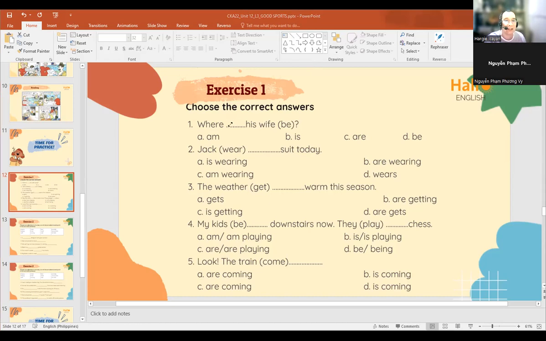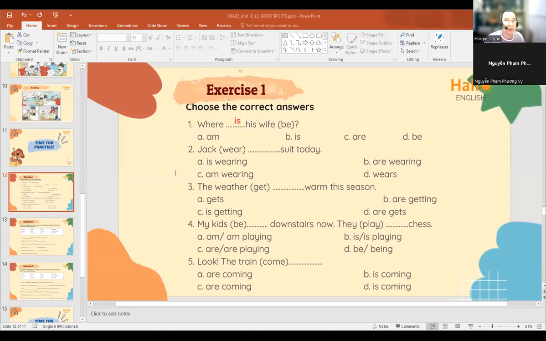Very good. So why is it is? Because the subject is his. Okay, because our subject is his. Very good. So we're talking only of one person, and it's a boy. So where is his wife?